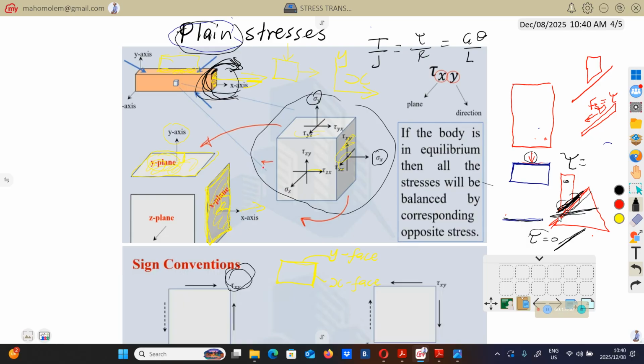The same thing with the normal stress. The normal stress will get affected by the plane. So if you have your plane like this, then we're going to call this thing the normal. This thing, we're going to call it normal stress. Why?